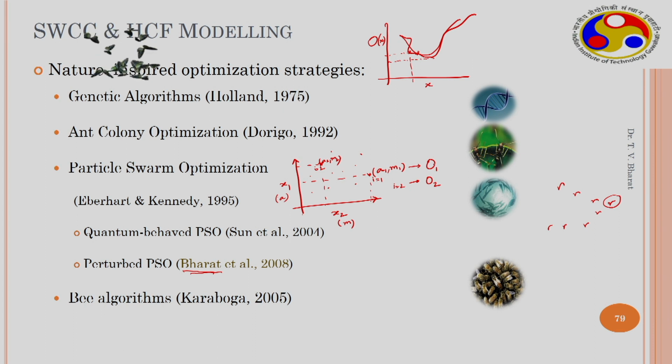Once you have O1 and O2, you can compare the two, and if O1 is lower than O2, that means the global minimum could be close to this particular value.